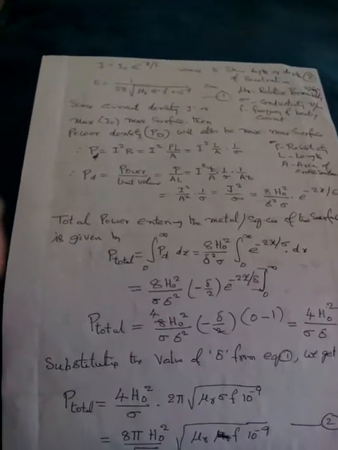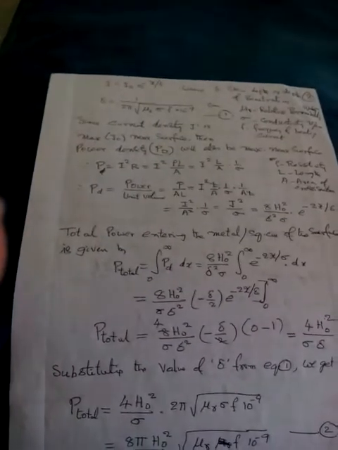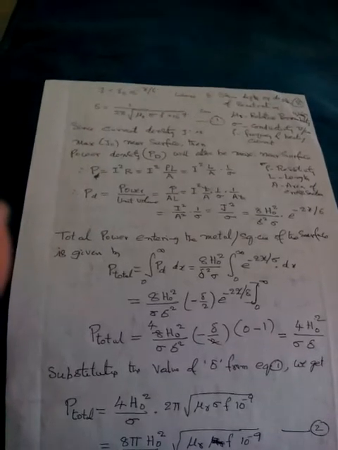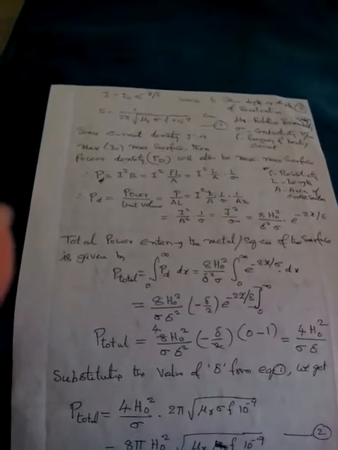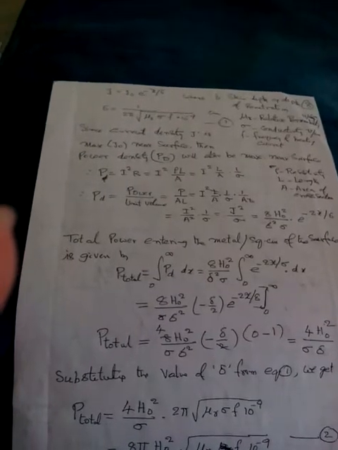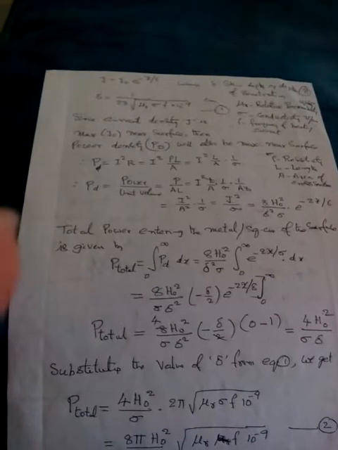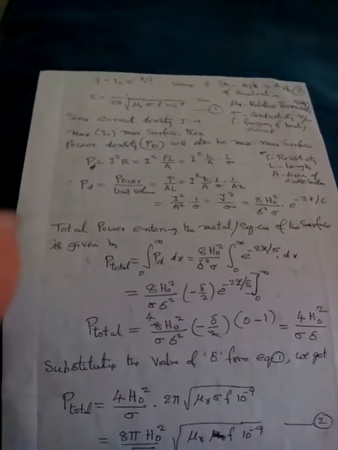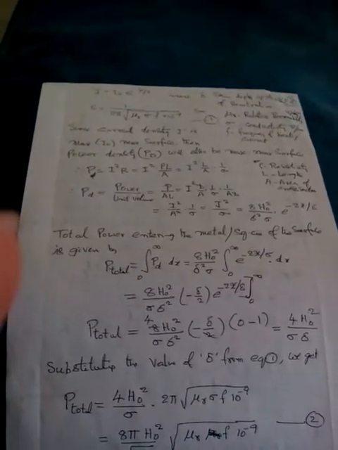That is how we can estimate how much heat is produced in the conductor, using the total power generated due to eddy currents, in terms of magnetic field, conductivity, and skin depth. That's how we can calculate the amount of heat produced in the conductor due to induction heating.